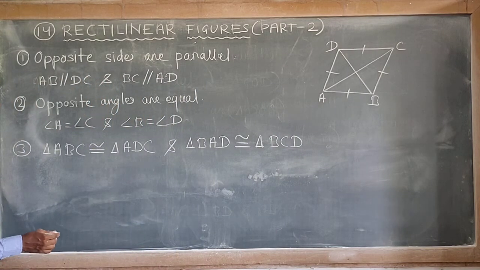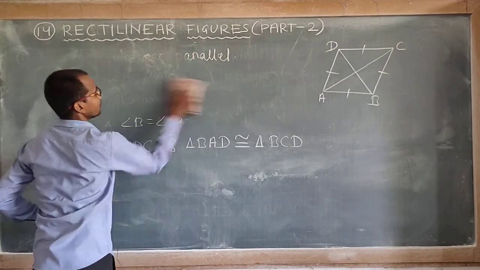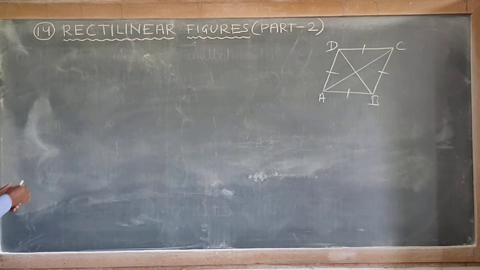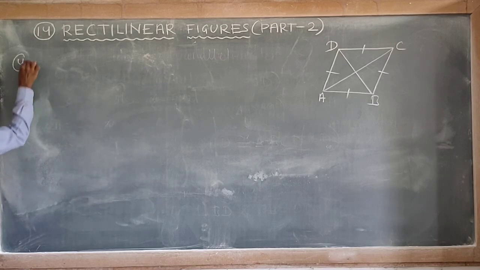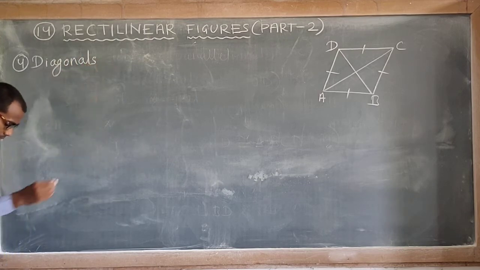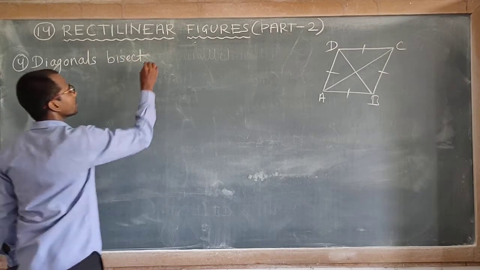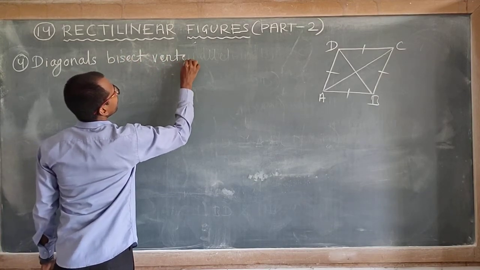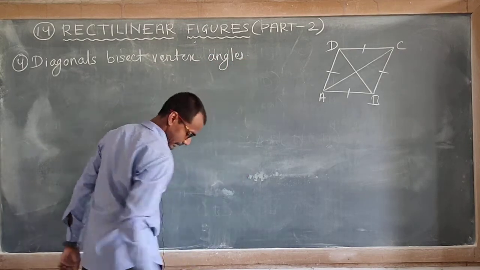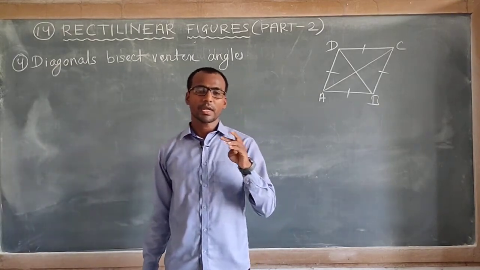Next, number 4. Diagonals bisect vertex angles. Okay. This property was not in a parallelogram and not in a rectangle also.